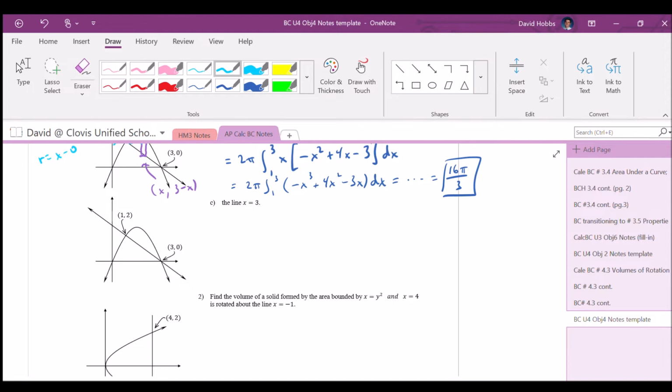And by the way, it's either going to be a vertical line or a horizontal line. So the line x equals 3, you have to recognize what kind of line it is. And this one's a vertical line, although mine doesn't appear to be too vertical. Let me try again.